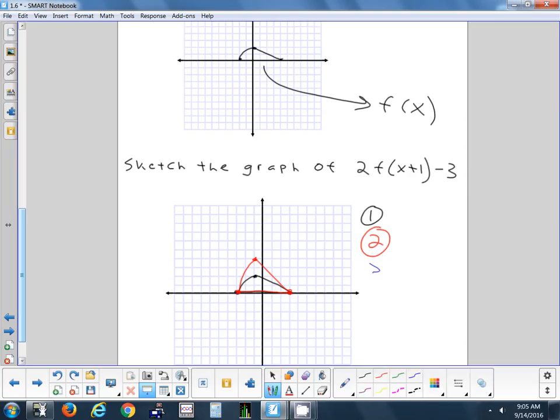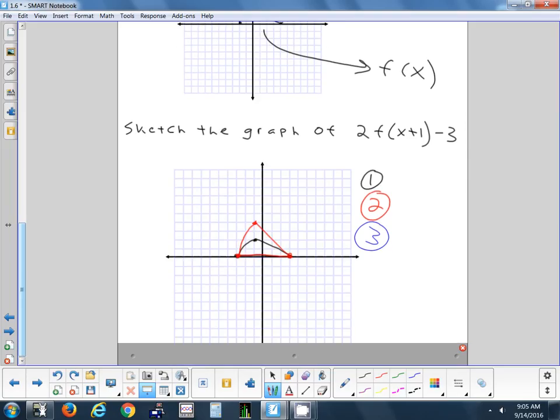And lastly, my third step is to take that graph and do what with it? Move everything down 3. So 1, 2, 3. And I'll erase the other one so you just see the final answer in a second.